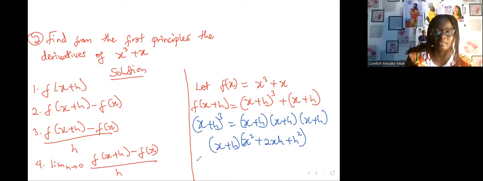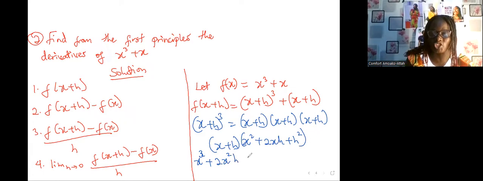So let's expand this. x times x squared gives us x cubed, plus x times this gives us 2x squared h, plus this time it will give us xh squared.